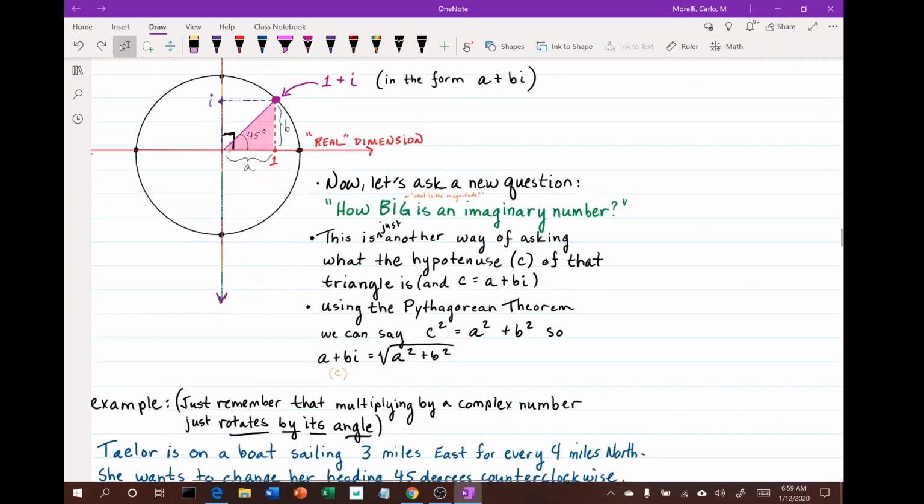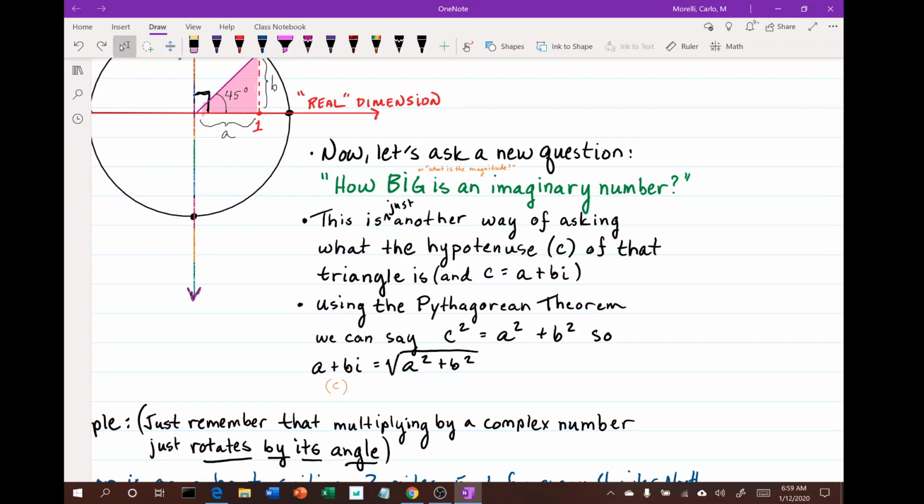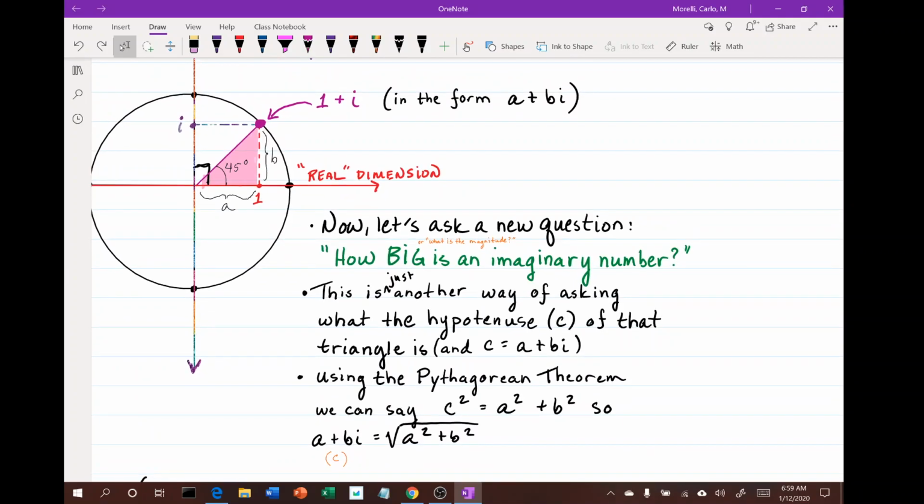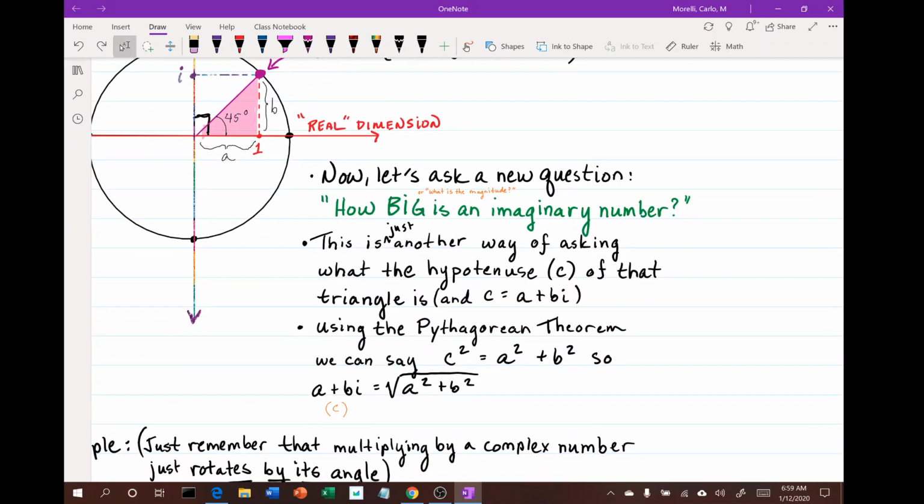This is just another way of asking, what is the hypotenuse length of that triangle? Now, that's where the Pythagorean theorem would come into play, wouldn't it? Because we can say that c squared equals a squared plus b squared.